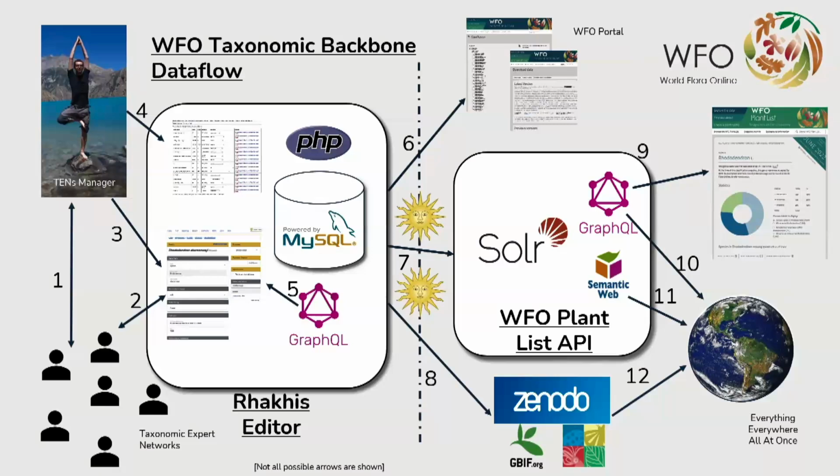Twice a year, the WFO plant list is also generated from Rachis via a WFO plant list API and is made available on the WFO portal and is also shared with Zenodo, GBIF, and the Catalogue of Life. And the API is also available for anyone to use anytime, anyone who's interested in connecting the WFO plant list to their own applications.